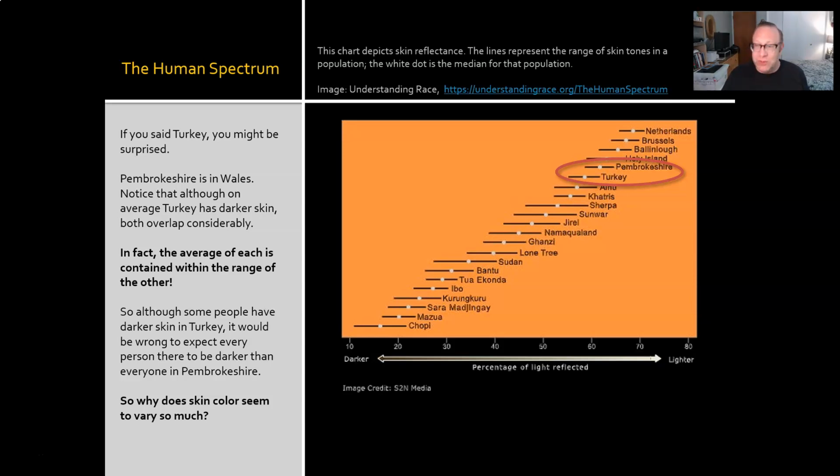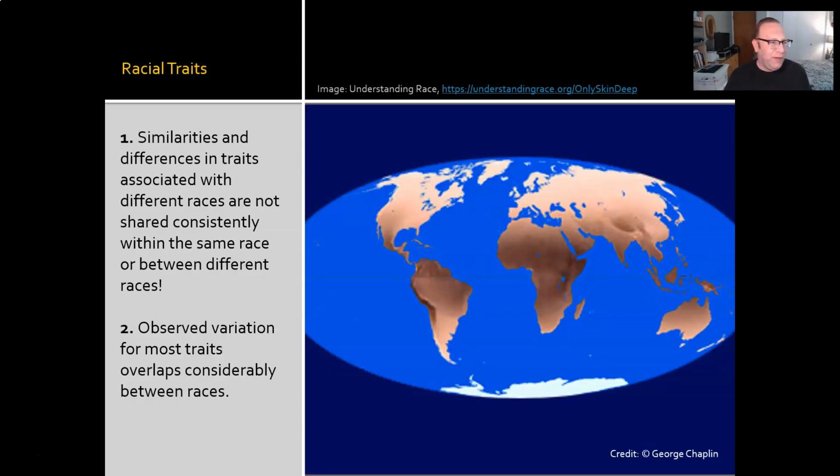But that leaves the question: why does skin tone vary so much? How did it come about? Well, the similarities and differences we see in skin tone, just like many other traits associated with race, are not consistent even within the races themselves.